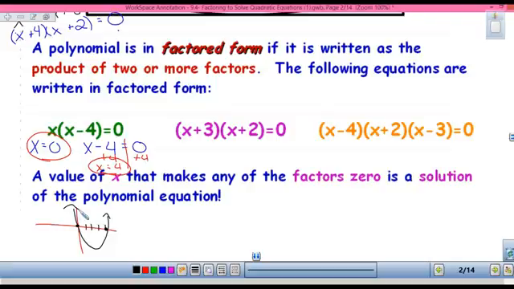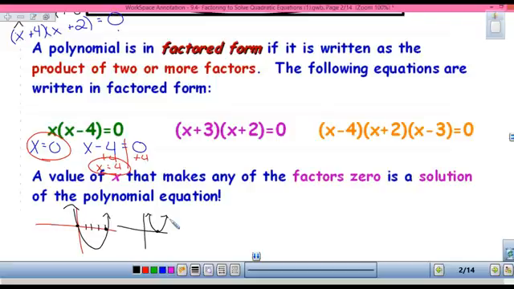No. It can't be 3, because remember our number of solutions are either 2, 1, or 0. If my vertex is right here on the x-axis, that's the only spot that it crosses.